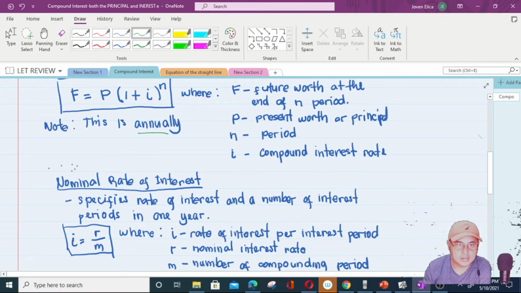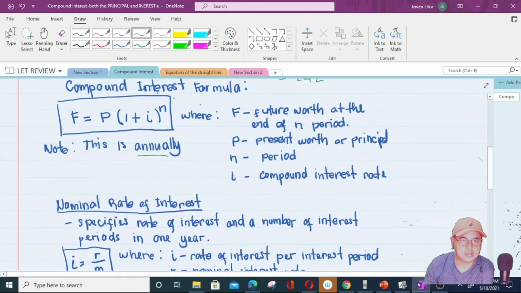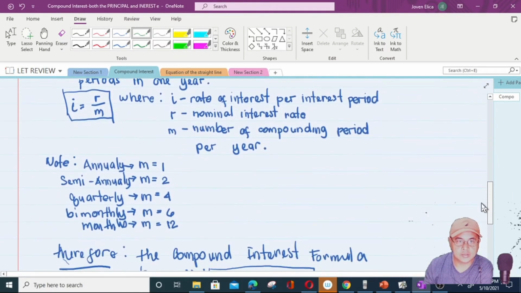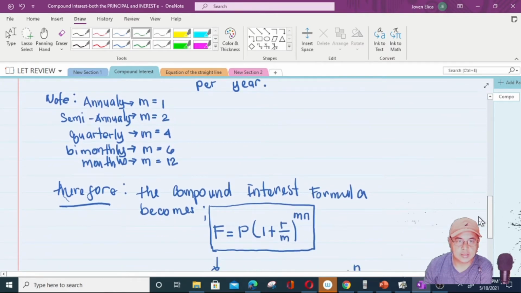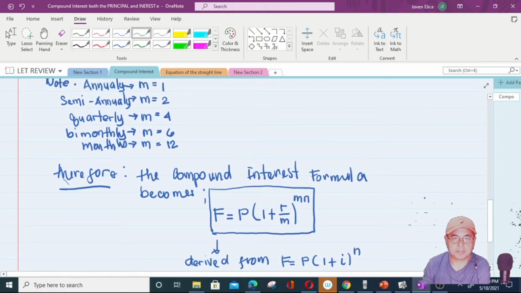But in this case, if the payment is not made annually, this formula becomes like this.